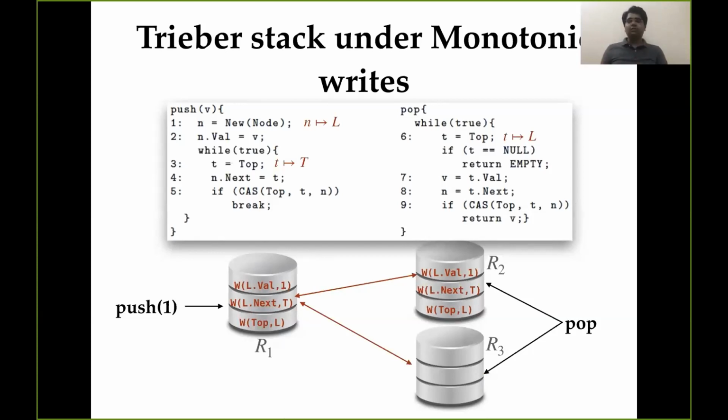Now, first pop reads L from the top variable from replica R2. But then it changes its replica to replica R3 and tries to read L.val. However, since this particular write event has not reached R3, pop is going to return 0, thereby again violating the addrem specification.